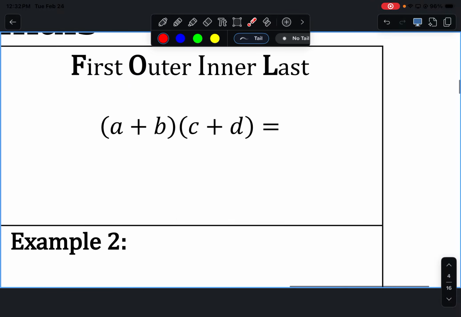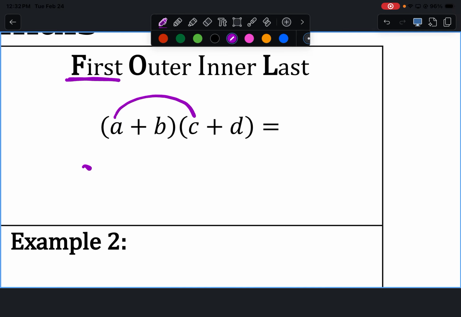So when it is talking about the FOIL method, you start by distributing the first terms in both parentheses. So you'll start by multiplying the first in both. Okay, so A times C is AC. Then you're going to do the outermost parts of the parentheses.